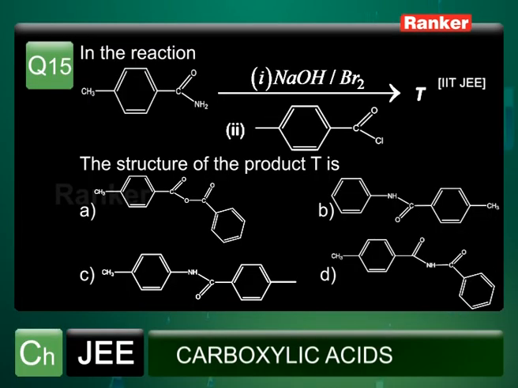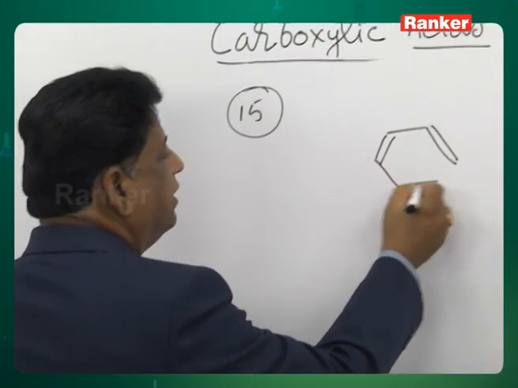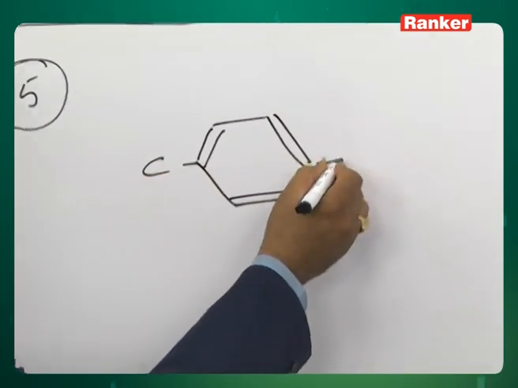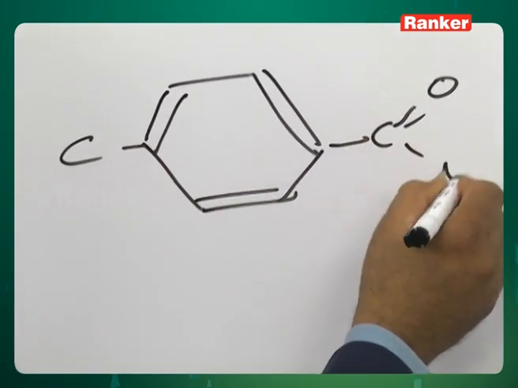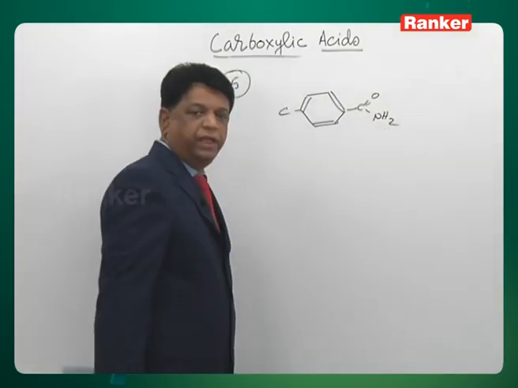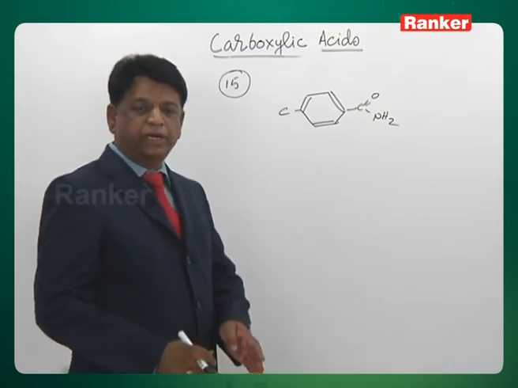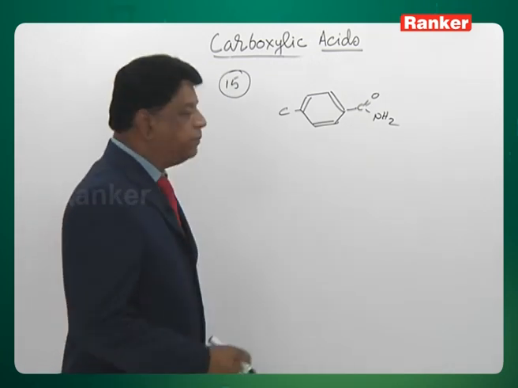Then the question is actually a compound with the amide containing a nitro group at the backside, a methyl group backside. A reaction is given, a methyl group containing CONH2, an amide with methyl group is treated with a sodium hydroxide of bromine, and that product is subsequently treated.